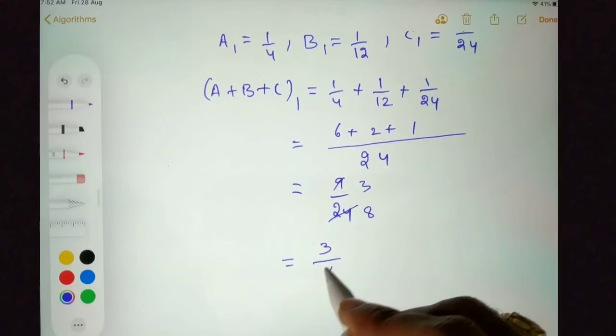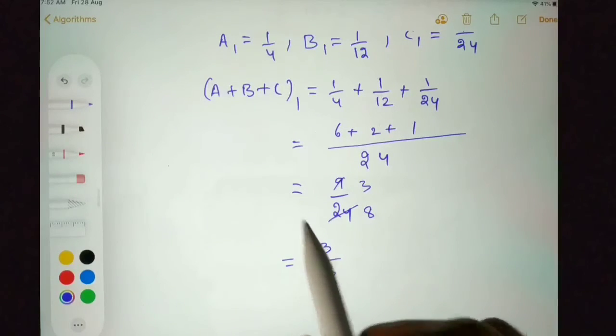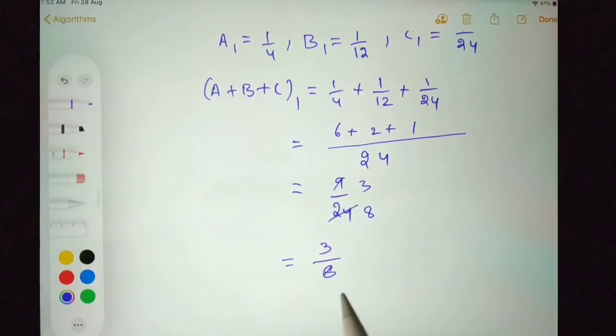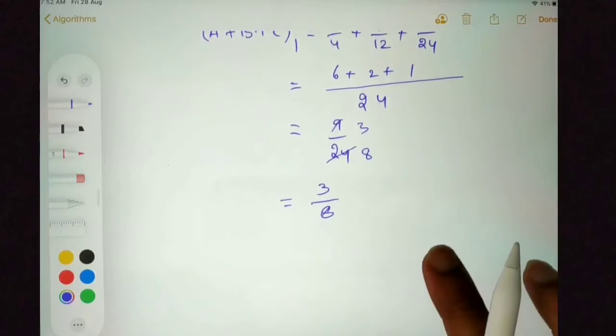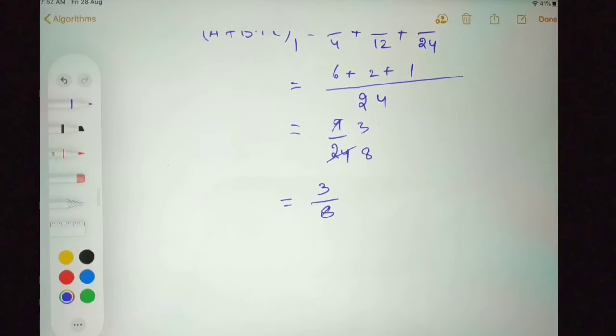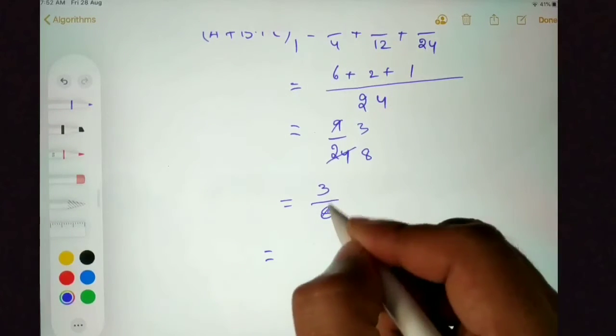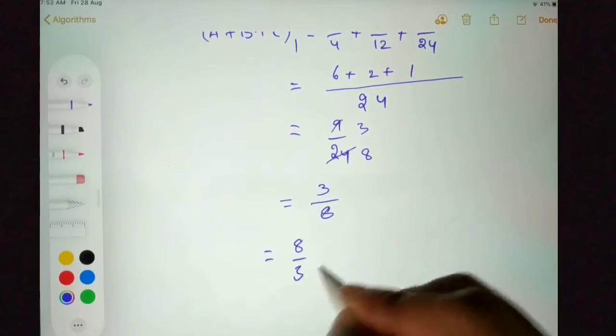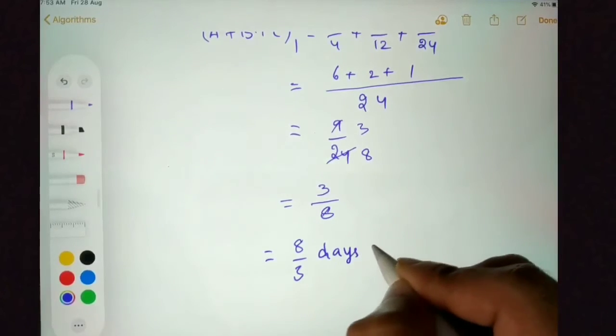It will be 3 by 8. This is A plus B plus C's 1 day's work. If we ask in how many days they can complete, then we need to reverse it. 8 by 3 days is the answer.